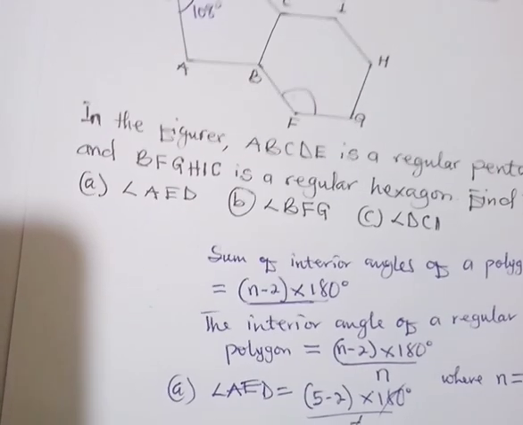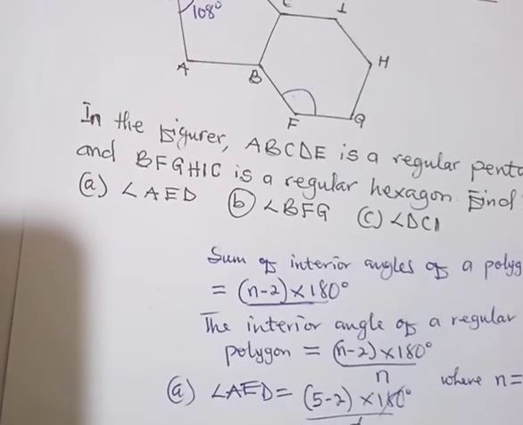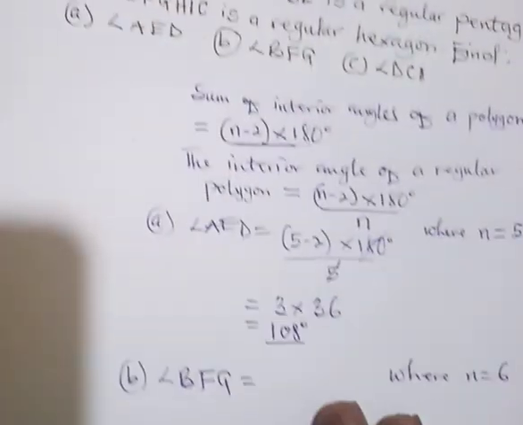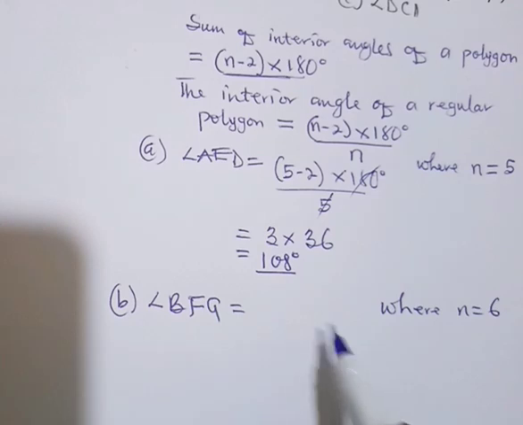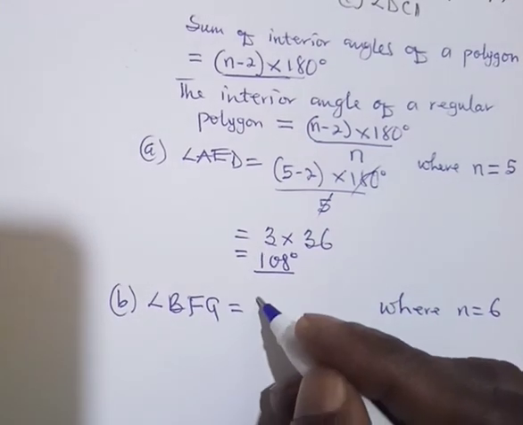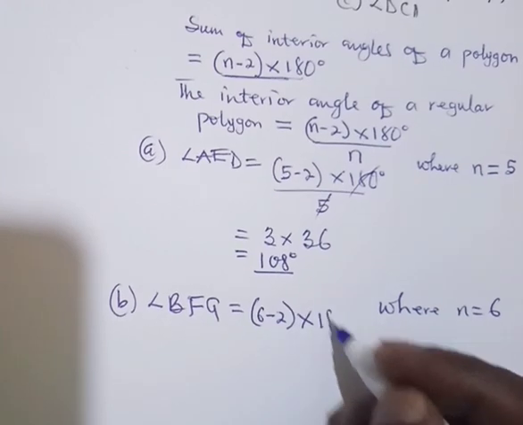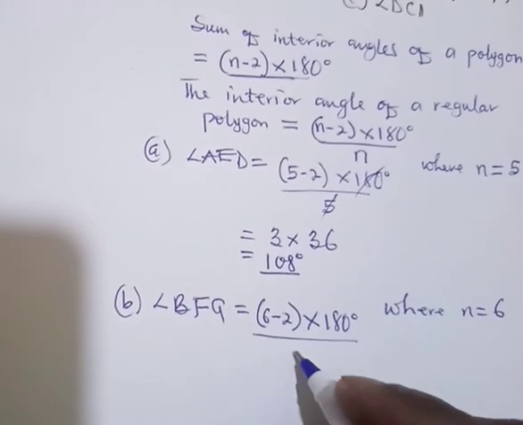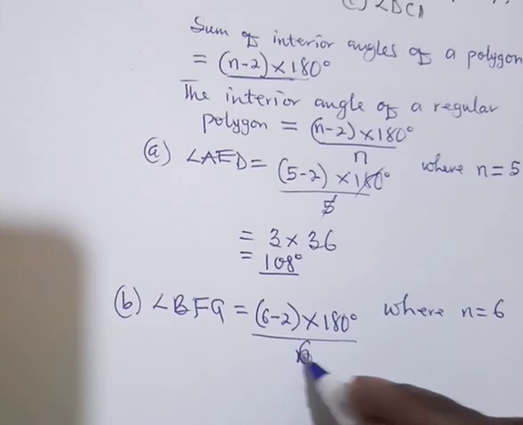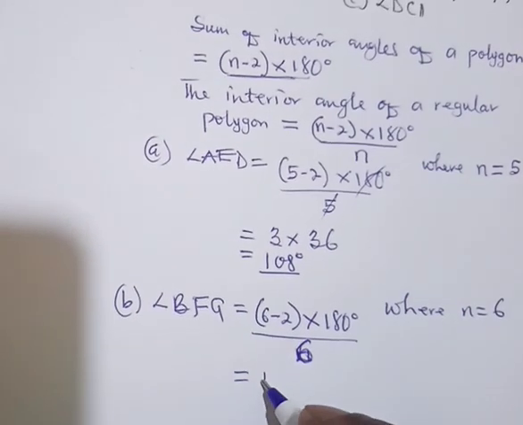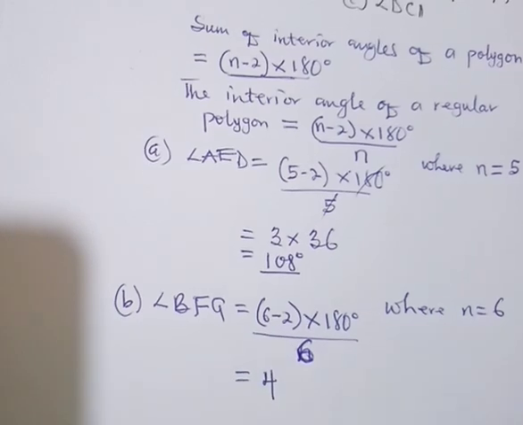So where n is equal to 6, we are going to substitute 6 in the formula. So we can have here (6 minus 2) times 180 degrees, all divided by 6. Good. So you can get here 4.